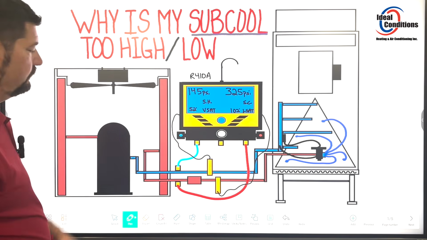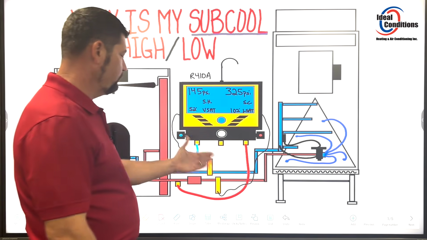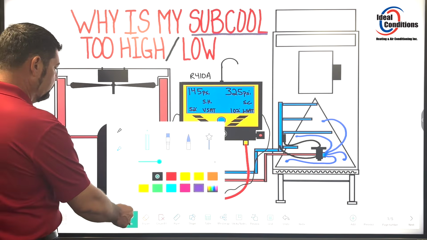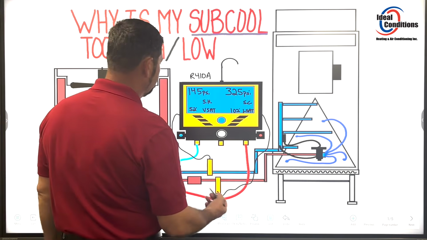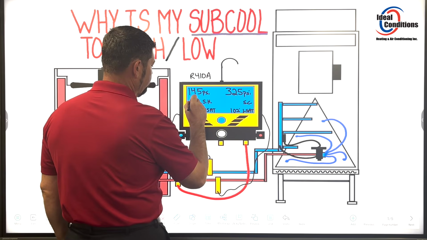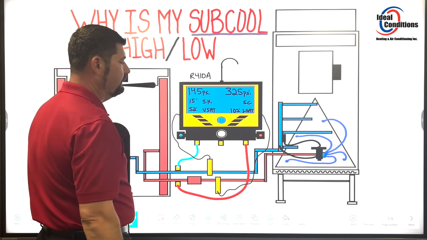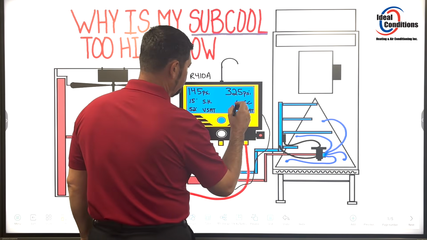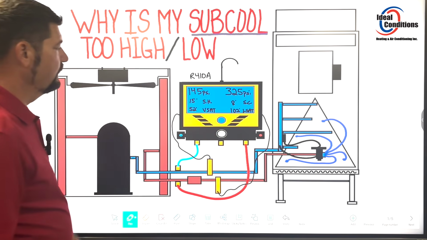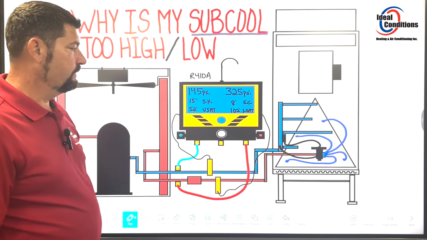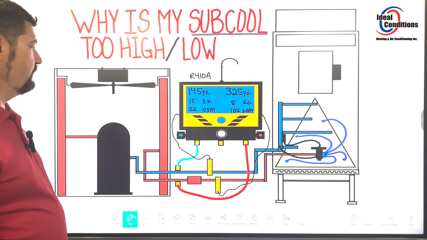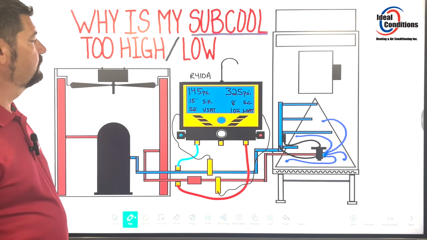And so these are our clamps, and then once we do that, it'll compute the reading, and I'm just going to give you a value that we should be looking for, a good value here. We'll say that, you know, we're at 15 degrees on superheat, and say our subcool value, let's just say that value was 8 degrees. Okay, if I start writing any data in the middle here, because we have more than 6 values, it's just going to make it very messy, and I don't really want to do that to you.